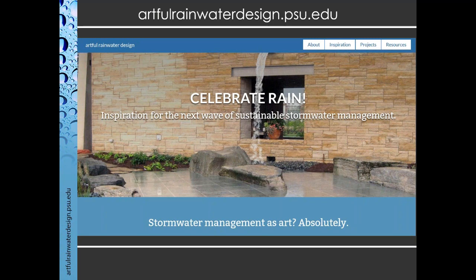Rainwater design specifically deals with small amounts of water, and it deals with polluted water. It does not reduce flooding, although it will reduce the frequency of flooding. So the small floods where you have to drive through it and walk through it, the nuisance flooding, it will reduce that.